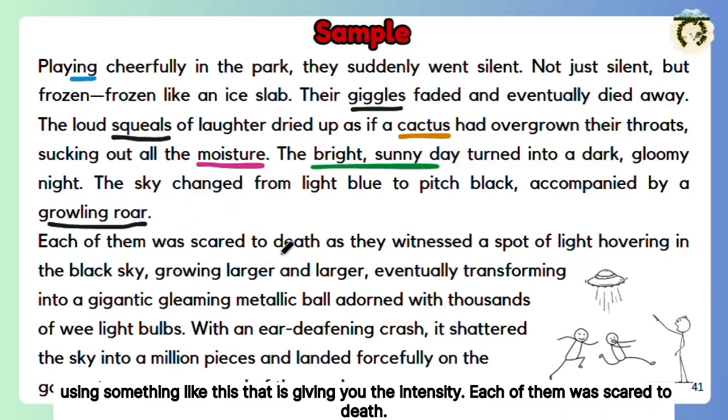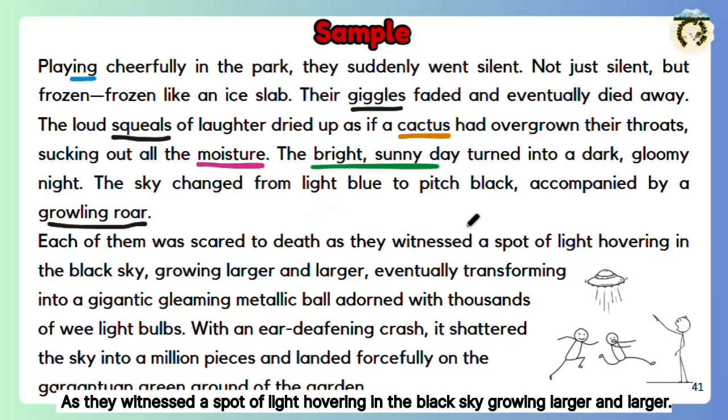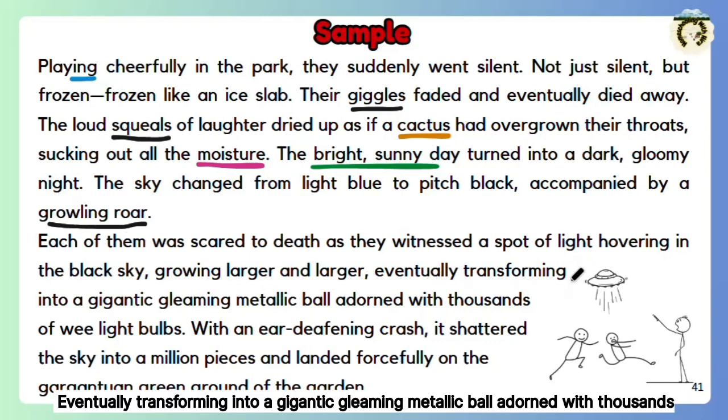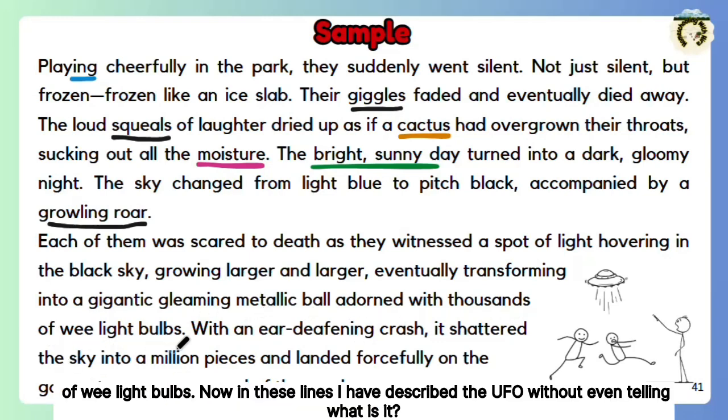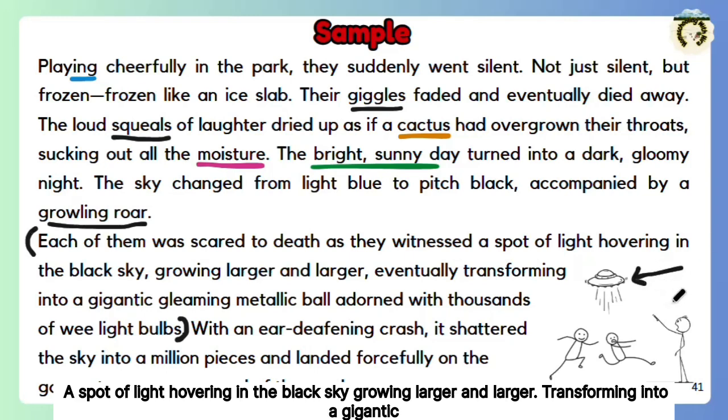Each of them was scared to death as they witnessed a spot of light hovering in the black sky, growing larger and larger, eventually transforming into a gigantic, gleaming metallic ball adorned with thousands of wee light bulbs. Now, in these lines, I have described the UFO without even telling what it is.